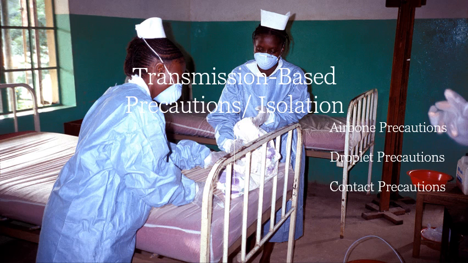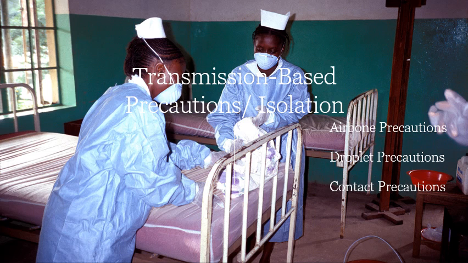They exit the host during coughing, sneezing, talking, and procedures like suctioning and even a bronchoscopy. So you have to wear a regular mask in this situation so that those moist particles don't go into your mouth, or maybe even goggles so they don't go into the mucous membranes of your eyes.